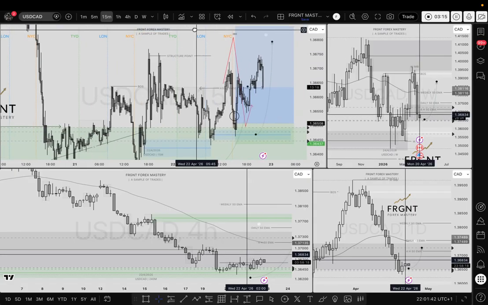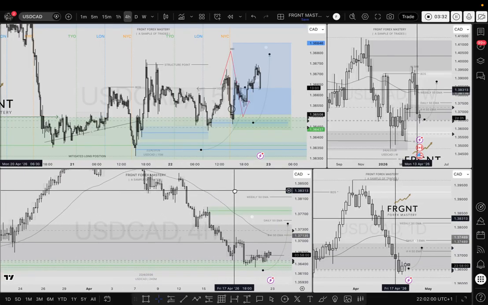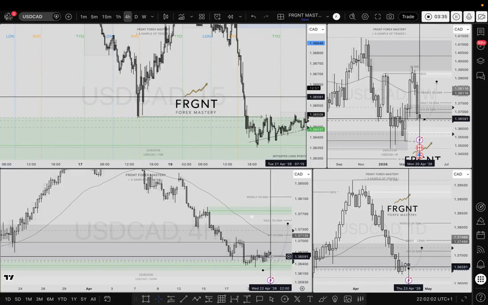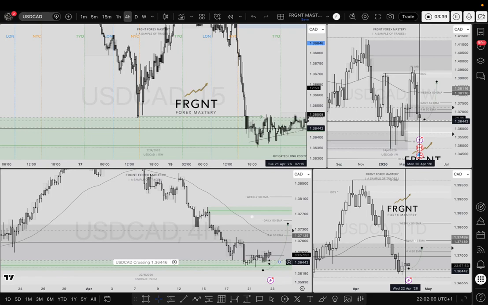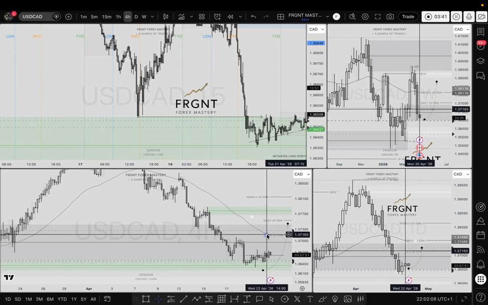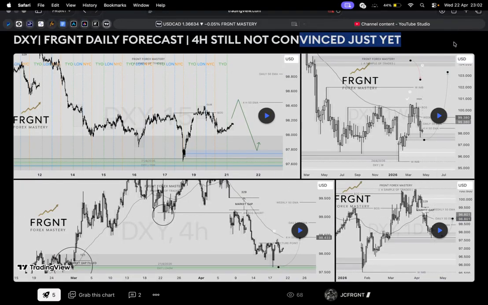However, as a result of not having the full confluence with that 4-hour time frame on the DXY, I wasn't truly able to take a higher time frame trade, based on the fact that even on the 4-hour time frame on US dollar CAD, as you can see by the line that I had across at that time, we also did not have a full closure above this little mini range. Of course, now we see it, but again, like I always do, fully transparent with my analysis.